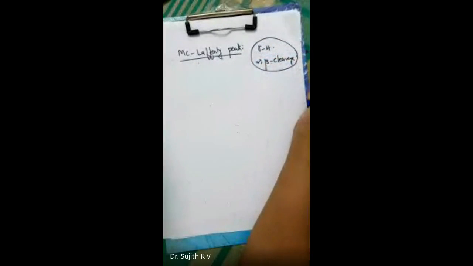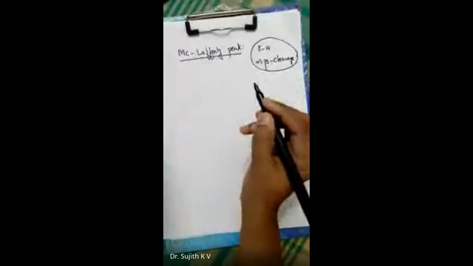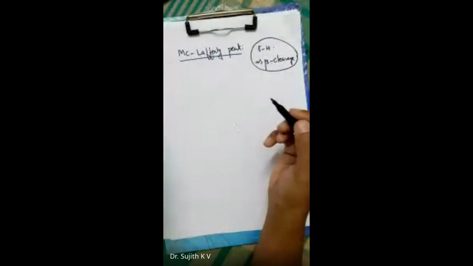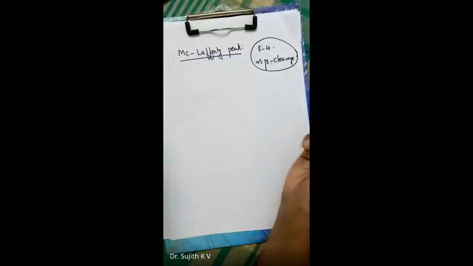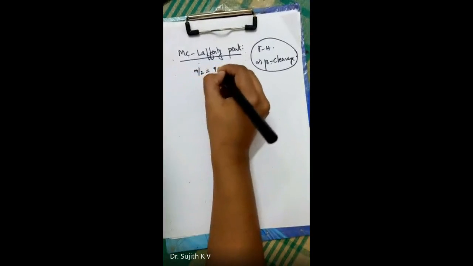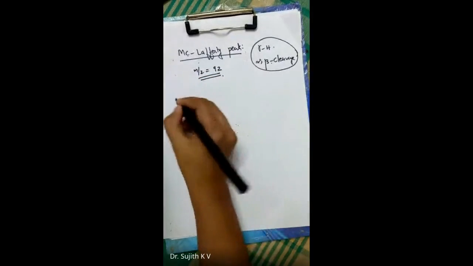This is what happens in the case of McLafferty rearrangement. So for all hydrocarbons, if the side chain connected to the benzene ring contains 3 or more carbon atoms, McLafferty rearrangement definitely takes place to give a peak at M by Z equal to 92.